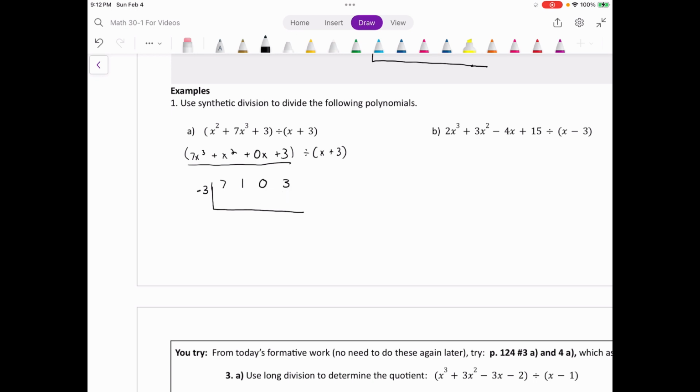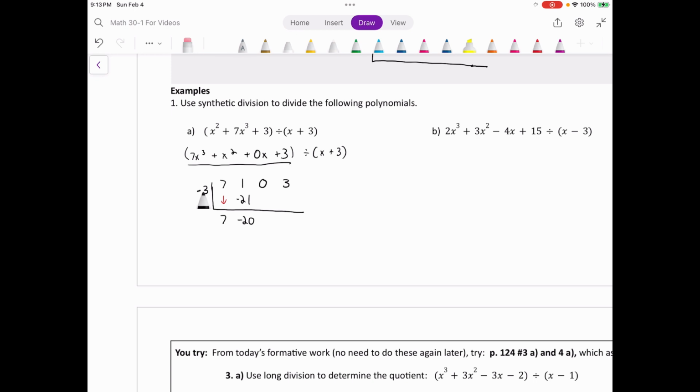Let's actually do the process. So first, we just bring down the 7. Okay. Now I multiply. So negative 3 times 7 is negative 21. That goes up here. And now I just add down that column. So 1 plus negative 21 is negative 20.